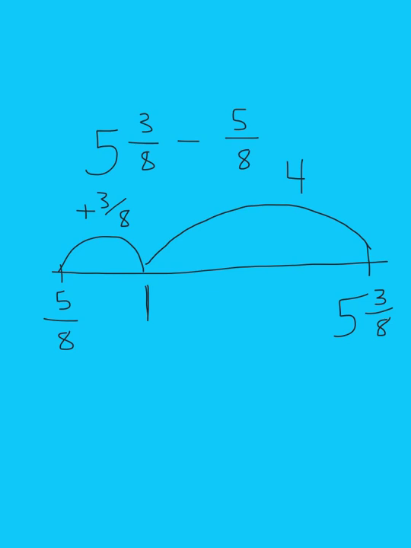So a 1 plus 3/8 equals 5 3/8. Then we're going to add our 2 jumps together, 4 3/8 plus 3/8, which is 4 6/8.